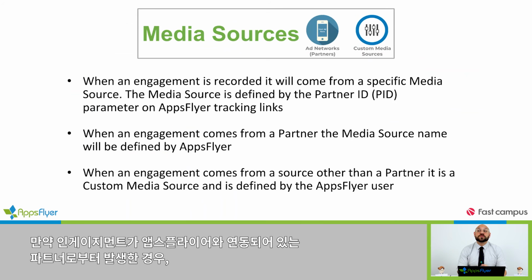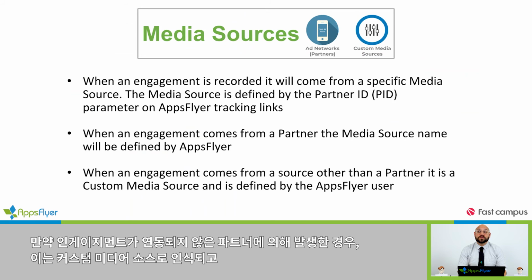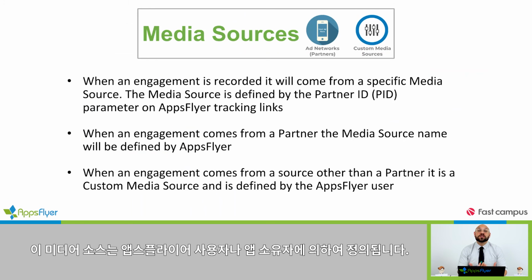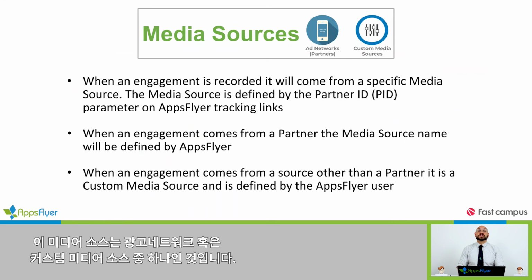If an engagement comes from a partner, the media source name will be defined by AppsFlyer. When an engagement comes from a source other than a partner, it is considered a custom media source and is defined by the AppsFlyer user or app owner. Now again, if an install is from a non-organic source, that means it must have an associated media source. And that media source can either be an ad network or a custom media source.